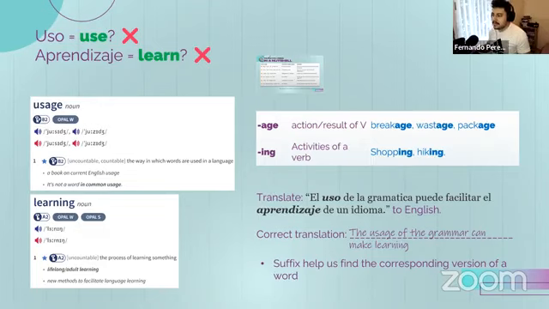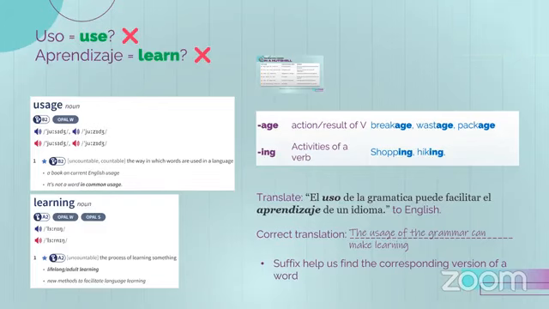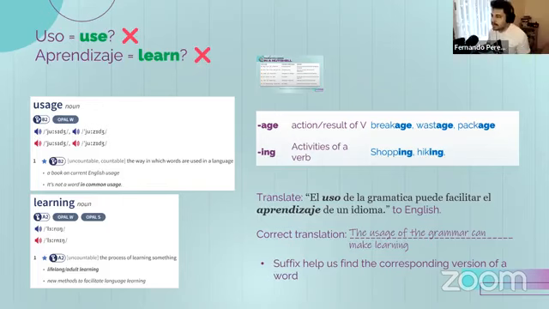And how many languages are we talking about? Because language is a countable noun. So the use of grammar can make learning a language. Exactly. Learning a language.